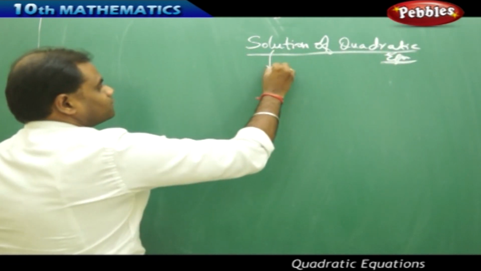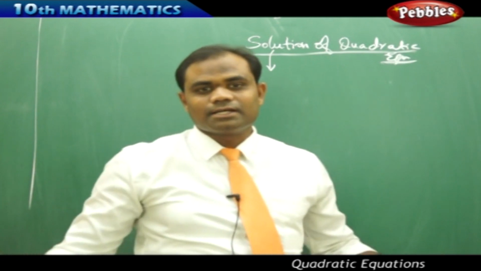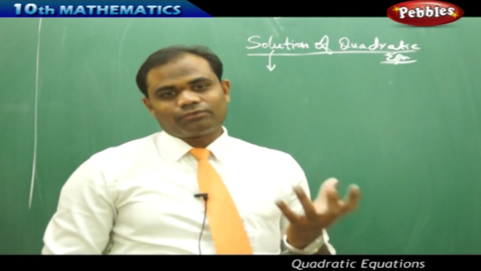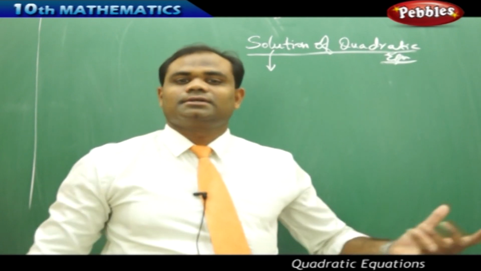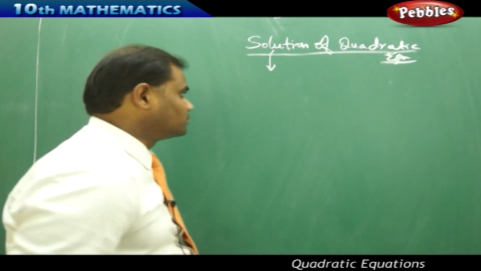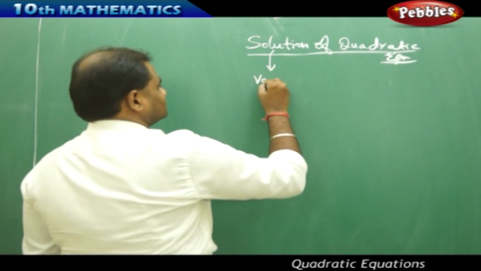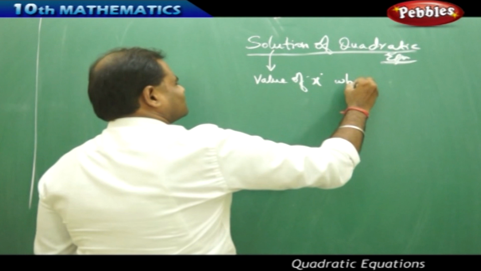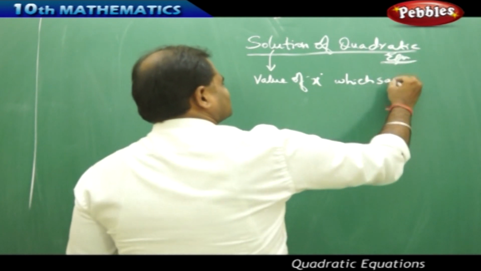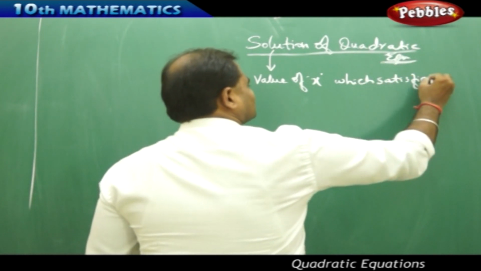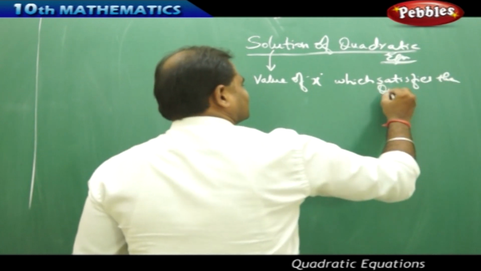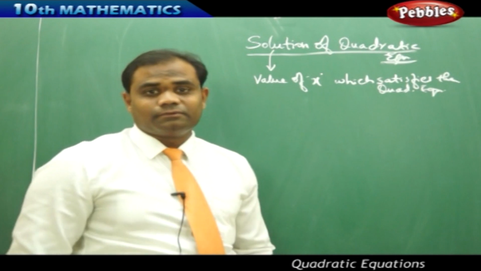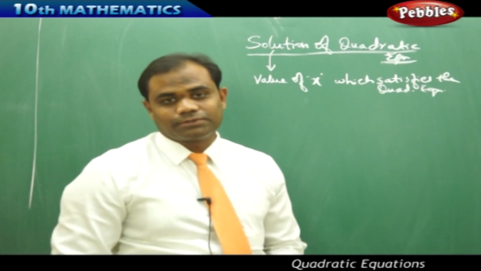So to start with the definition of solution, what is a solution of quadratic equation? It is the value of x which satisfies the quadratic equation. So solution is the value of x which satisfies the quadratic equation, is how we understand with the basic definition of solution.